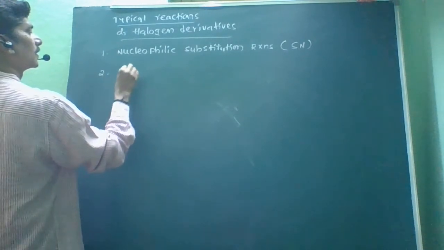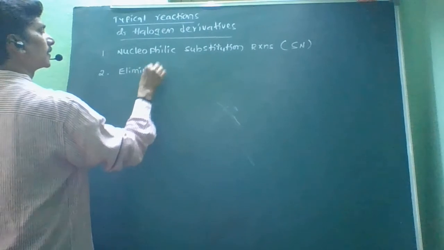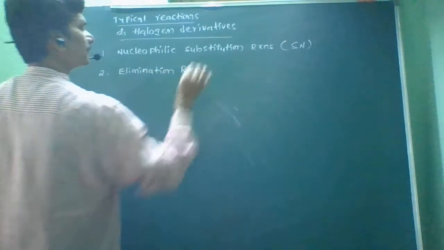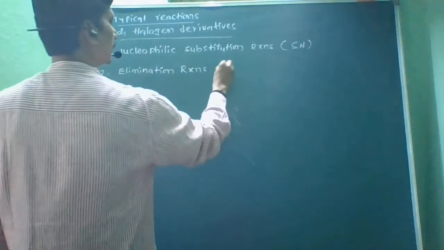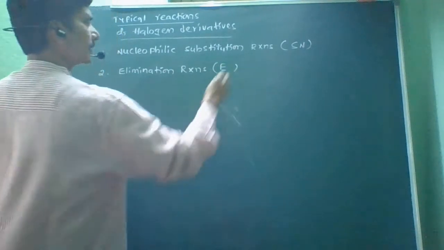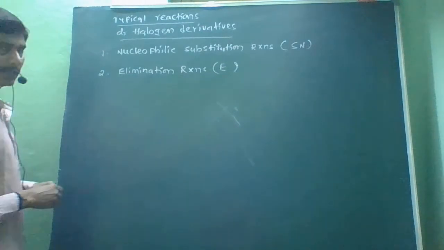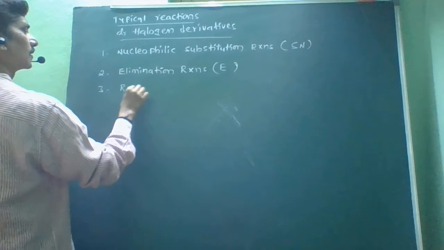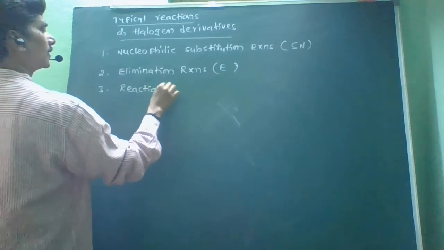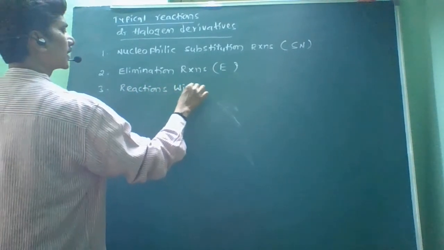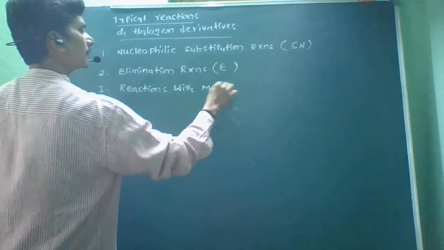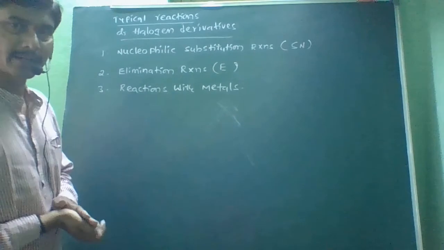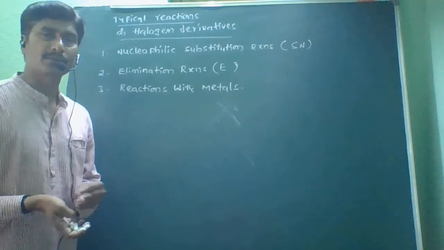Second one, elimination reactions, which are represented with E. And third one, reactions with metals. These are some typical reactions of halogen derivatives.